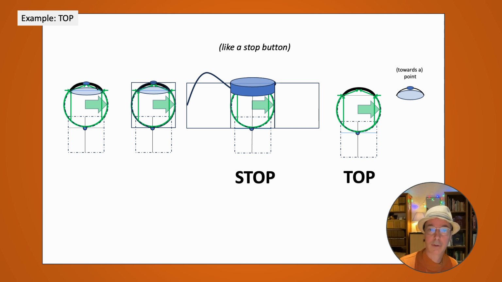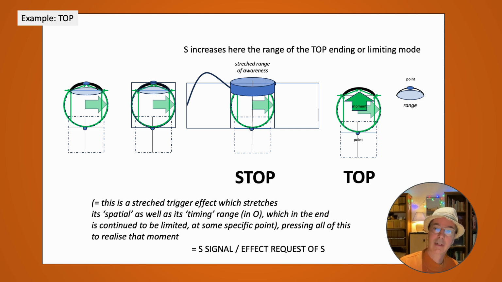Now there is even more to it, because the S is a kind of effect searching or end effect searching value, which here increases the range of this top ending, this limiting mode that we have in the process, and results in a minimal presentation of just one letter, and the T just in one point. It goes to just one point.